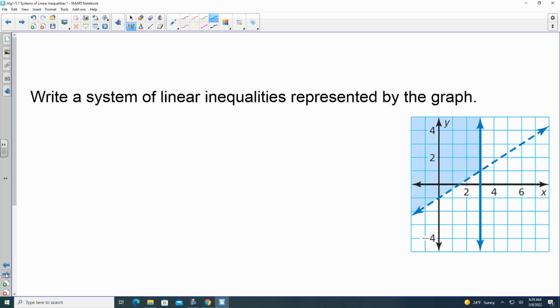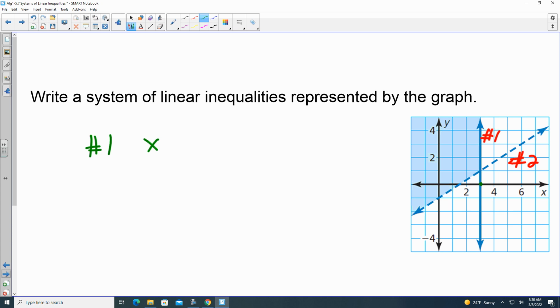Looking at one more, again, we'll call this inequality 1, we'll call this inequality 2. So looking at the first one, it's a vertical line. So now I'm dealing with x is going to be, in this case, because it's a solid line, either greater than or equal to or less than or equal to.